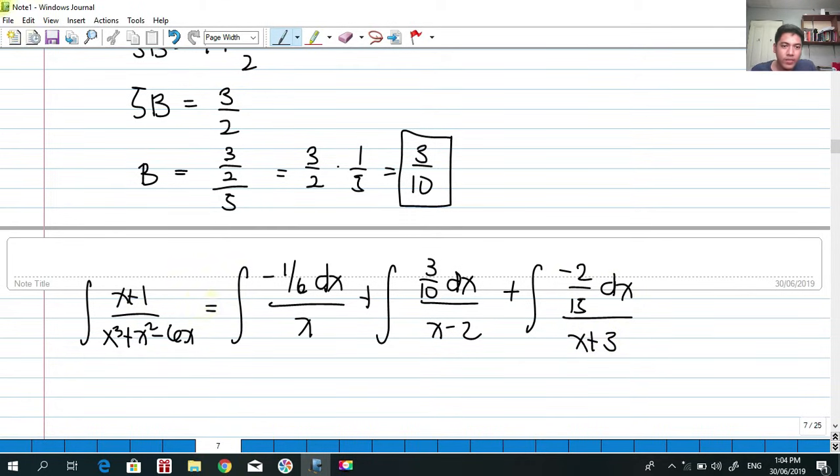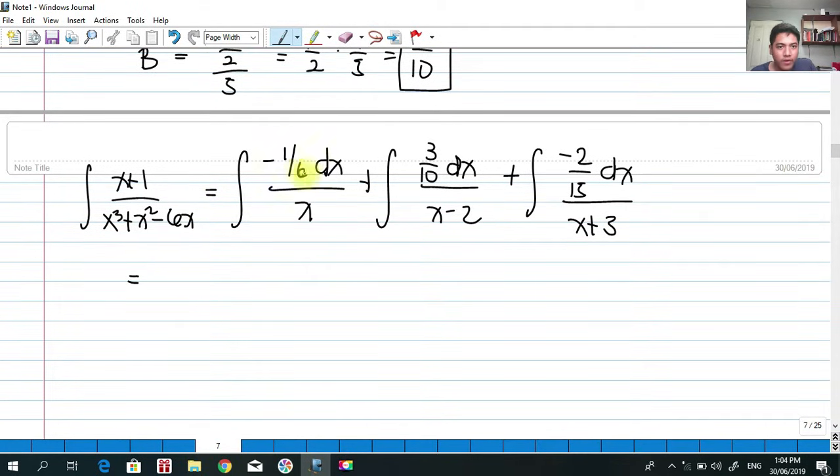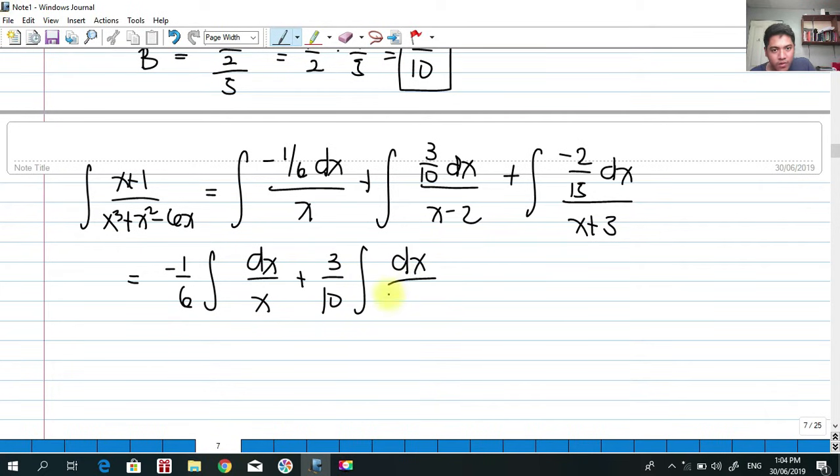If we simplify that, we can factor out the constants along with their signs outside the integral. So we have negative 1 over 6 integral of dx over x plus 3 over 10 integral of dx over x minus 2 minus 2 over 15 integral of dx over x plus 3. If we integrate this, it is simply du over u.